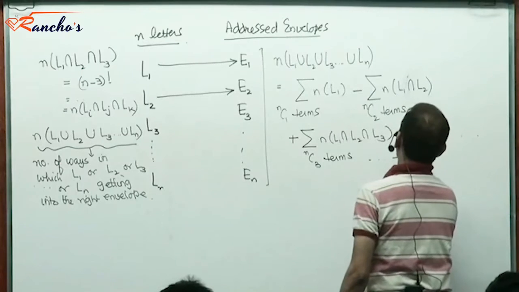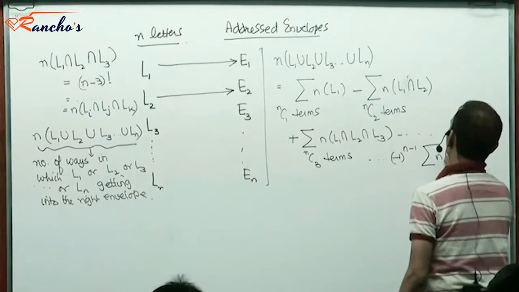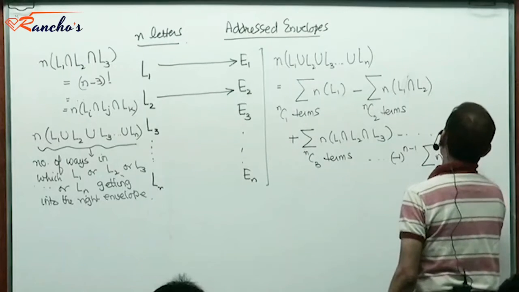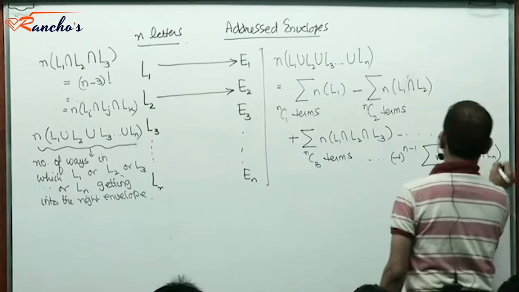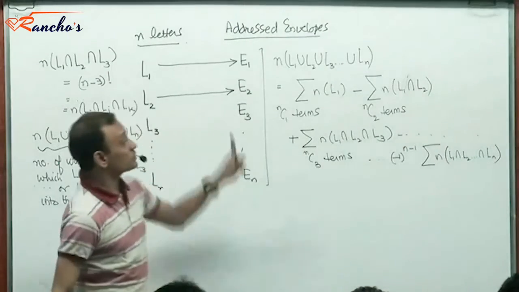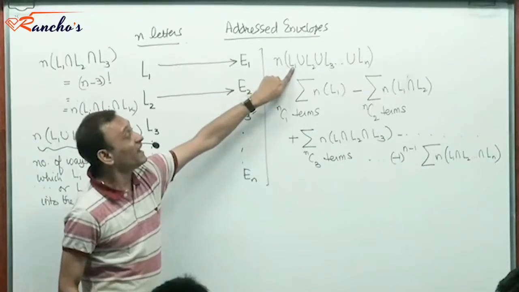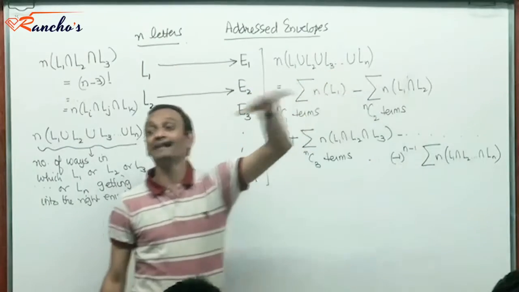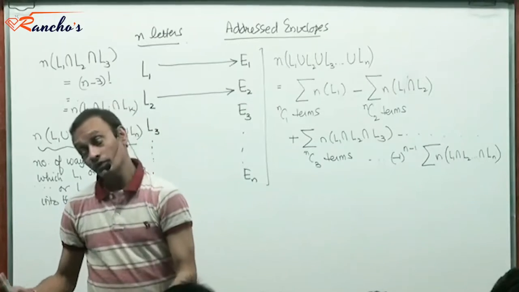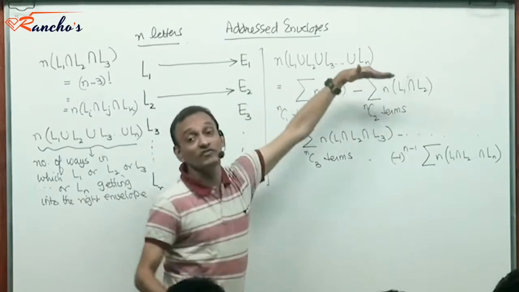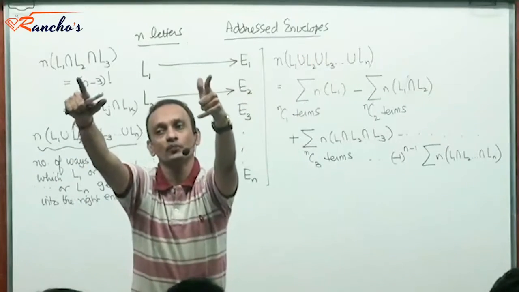Eventually, you have the last term, which is minus 1 to the power n minus 1 times the number of elements in L1 and L2 and Ln. Yes or no? This computation would give you what? The number of ways in which L1 or L2 or L3 or Ln, that means at least one of them, has gotten into the right envelope. Then n factorial minus this will give me the number of ways in which no letter gets into the right envelope. Yes or no? Yes, right?